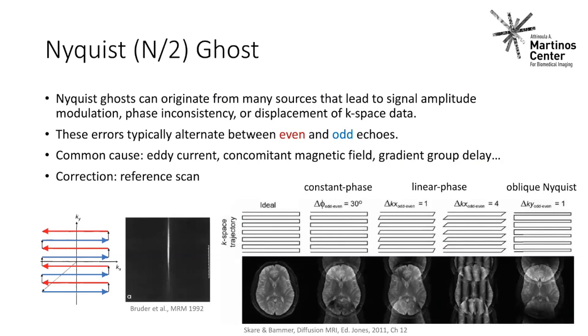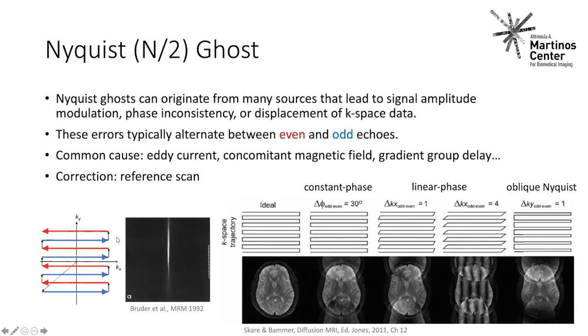Then the second artifact is the Nyquist ghost, or N/2 ghost. So Nyquist ghosts can originate from many sources that lead to signal amplitude modulation, phase inconsistency, or displacement of k-space data. And these errors typically alternate between even and odd echoes. The common causes include eddy current, concomitant magnetic field, and gradient group delay. If you look at this EPI echo train, you can see that some lines are acquired from left to right, like the blue lines, and some lines, like the red lines, are acquired from right to left.